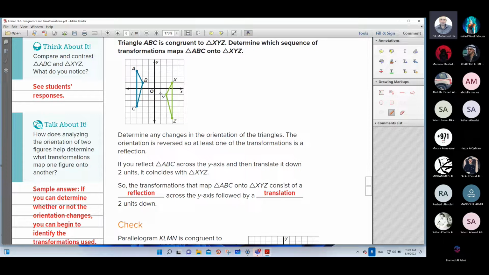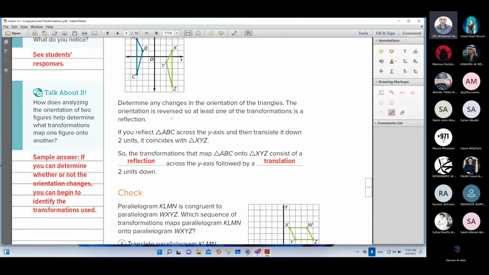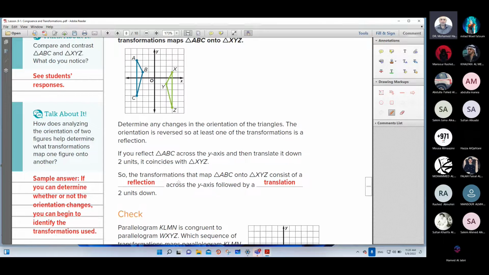And also we have translation at the same time. So the transformation here consists of a reflection across the y-axis and a translation 2 units down.